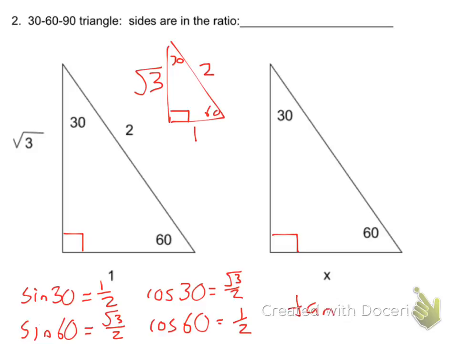We can do tangent. Let's do tangent of 60, which is opposite over adjacent: square root of 3 over 1. Now, just like we did before, if I call that bottom side x on the right triangle, the hypotenuse would be 2x.